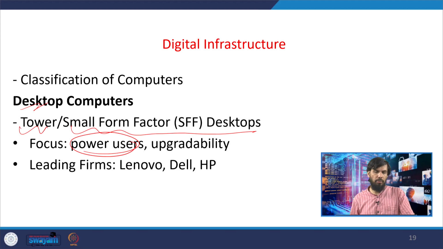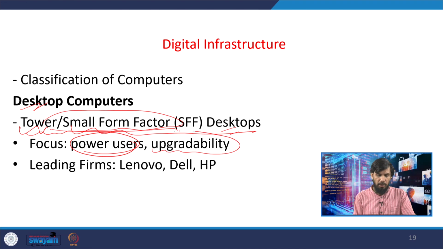They might be running those kinds of software and have to work with that for a long period of time. So they need a desktop computer which will be able to support this, right. Tower and small form factor desktops are designed for this. The main benefit is that these tower or small form factor desktops have the flexibility to be upgraded.